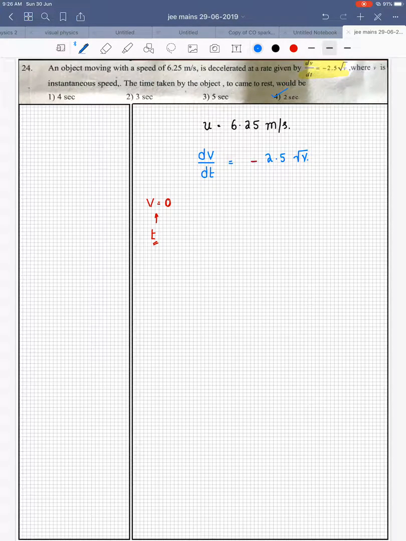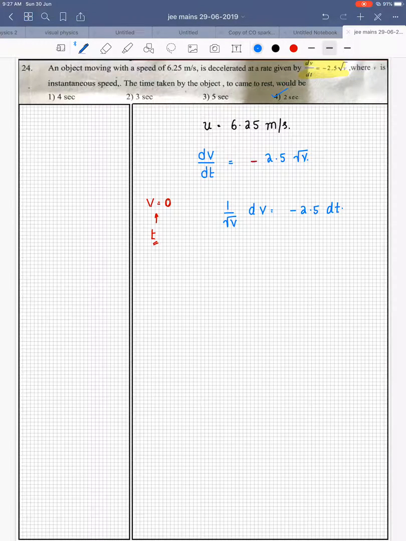Okay, you have v and t terms, so let me get an equation in terms of v and t. That's how I'll try to solve. I'll bring 1 by root v here: dv equals minus 2.5 dt.